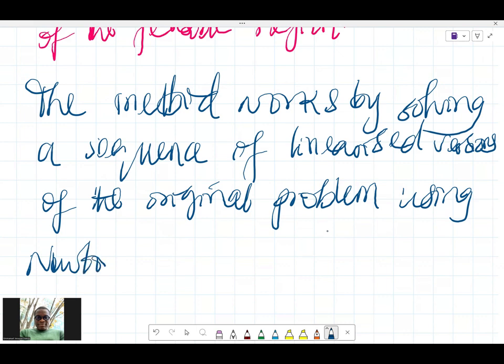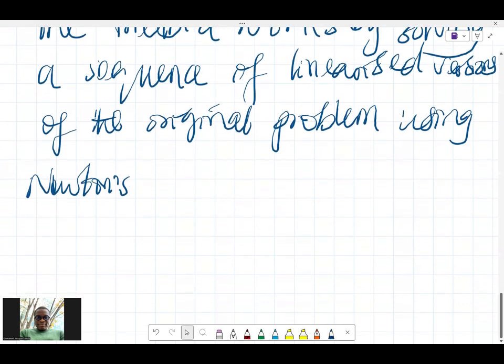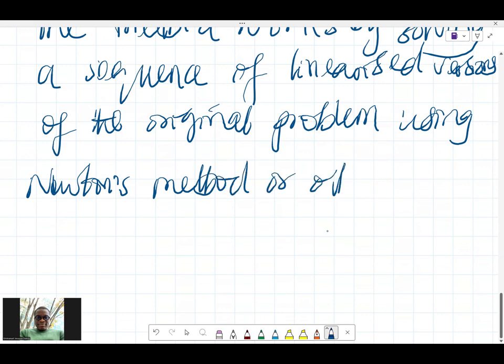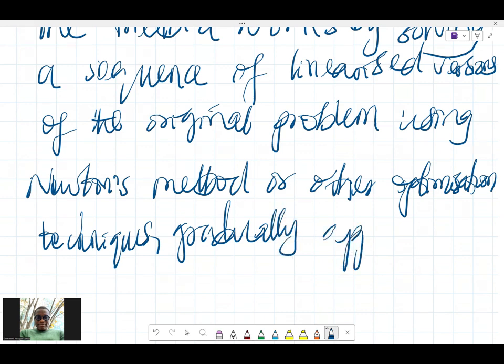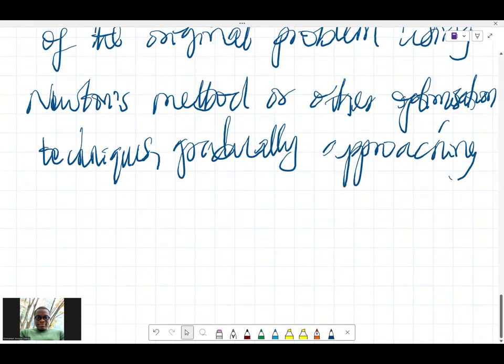We saw Newton's method under gradient-based methods. Using Newton's method or other optimization techniques, gradually approaching the optimal point.